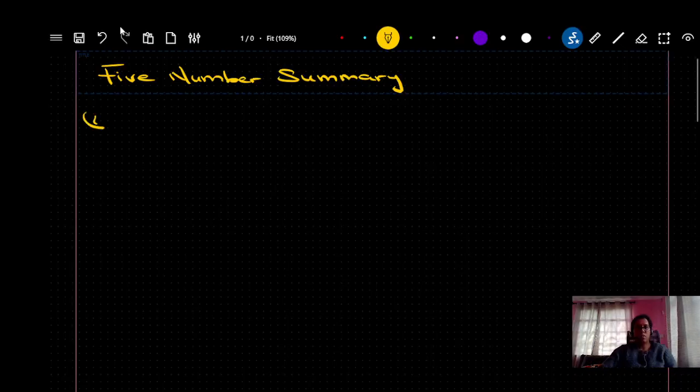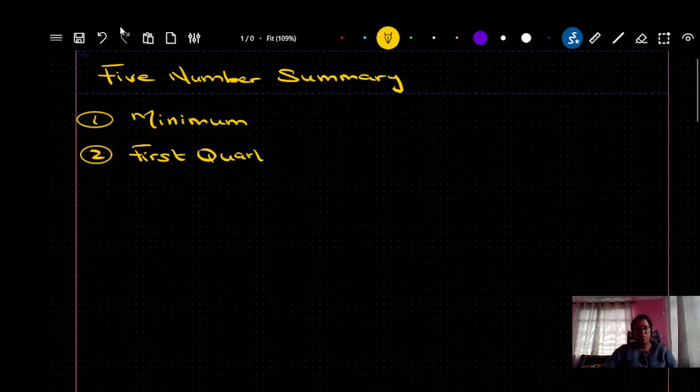First, we will see the minimum number. We'll find out the minimum number. Second, it will be the first quartile, which is Q1. Third is the median, that is the middle number in the dataset.